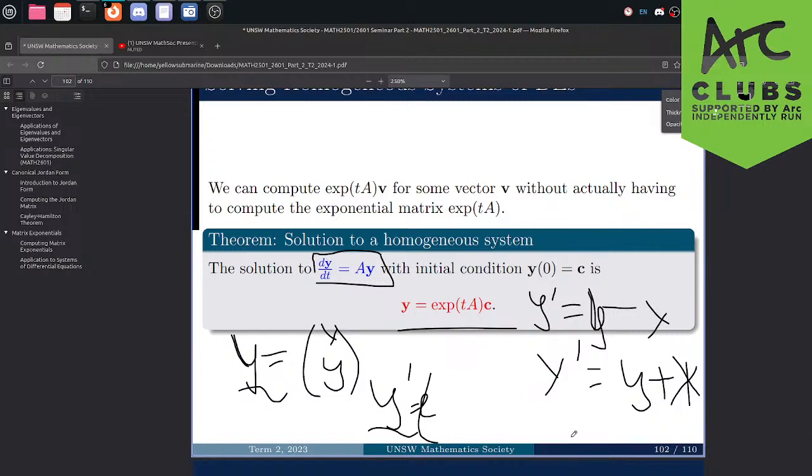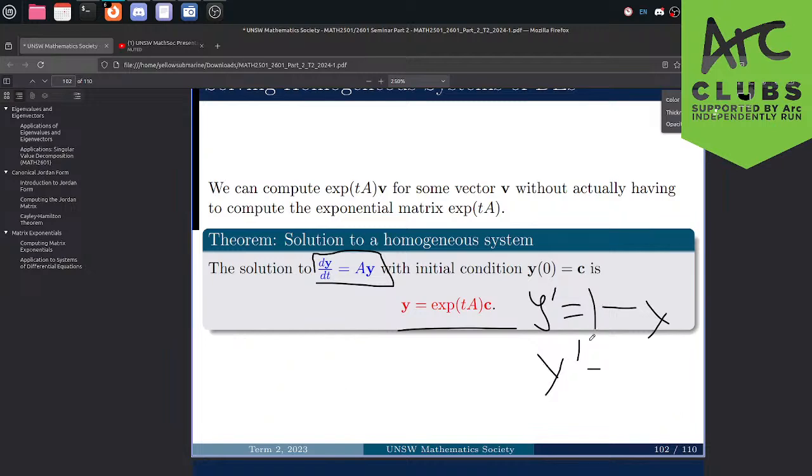Okay, let me write this neater. So you have these two equations, y prime equals y minus x, and x prime equals y plus x, right?